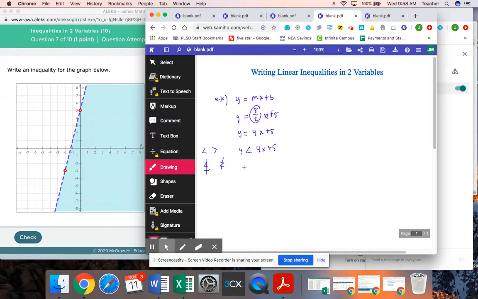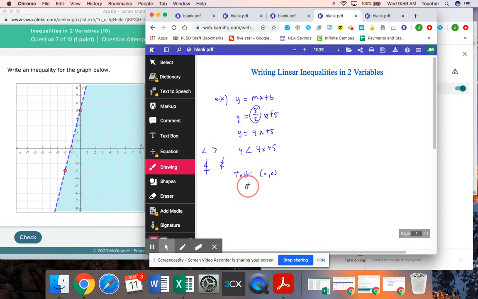Now I should probably check that just to make sure I thought about it right. If I choose any point in this shaded area, it's a part of the solution. If I choose a point and plug it in here, and I get a true statement, that means my inequality is true. I always like to use the point 0, 0. Fortunately, it's in the solution already. It just makes the math easier.